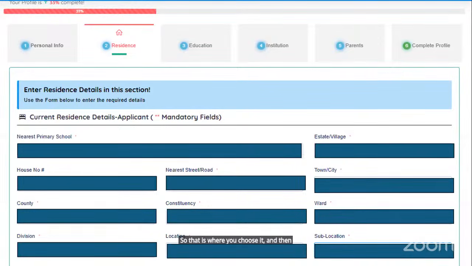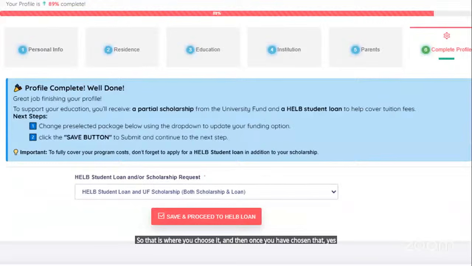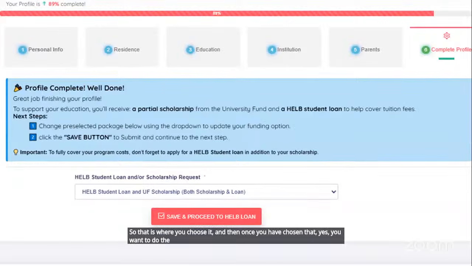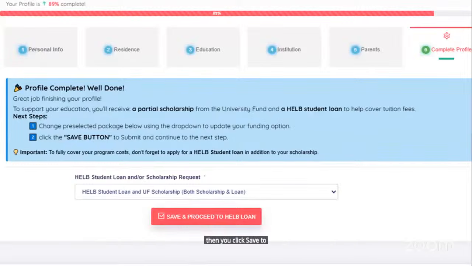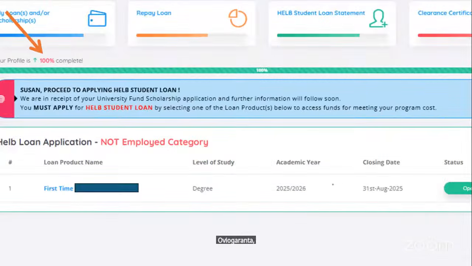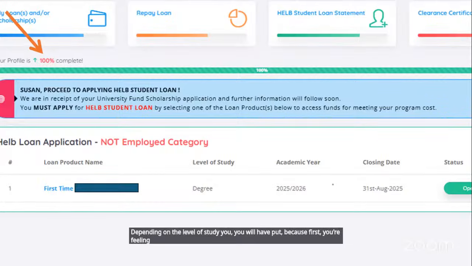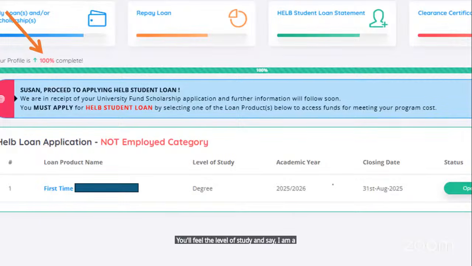Once you have chosen that, yes, you want to do the HELB loan and scholarship, you click Save and Proceed to fill in the details of your guarantor. Depending on the level of study you will have put, because first you fill in the level of study and say, I am a degree student, then it will bring you the first-time undergraduate application.